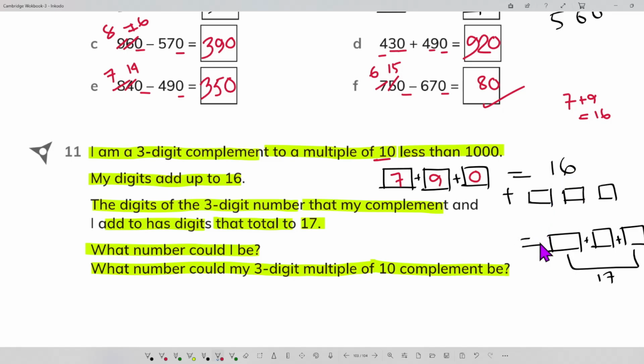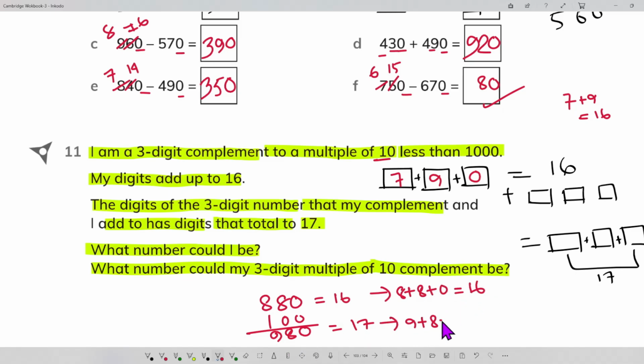So we need to check another one, 880, 8 plus 8 is 16, and if we add 100, it will become 980, it's less than 1000, and 9 plus 8 will be 17. Okay, it means 8 plus 8 plus 0 is 16, and here 9 plus 8 plus 0 will be 17. And if we use this one, 790, it's 16.